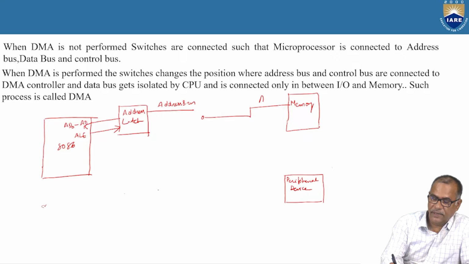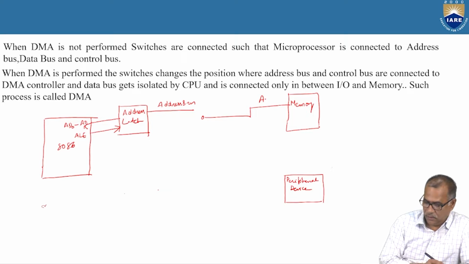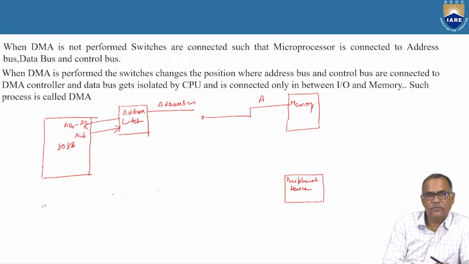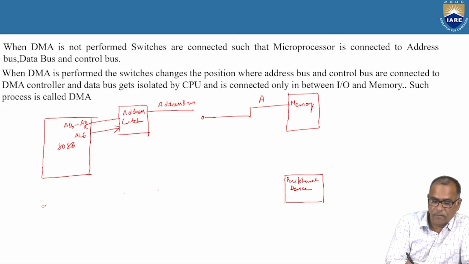This is the address bus, and we have the DMA controller, which is nothing but 8257.